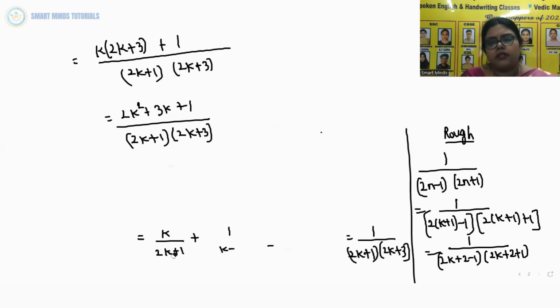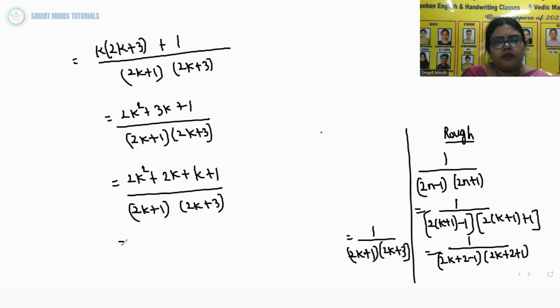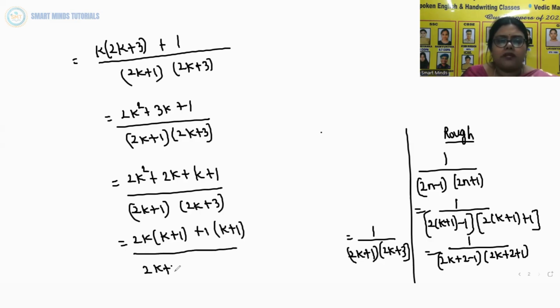So how do we split the middle term? 3k we can write as 2k + k, so (2k² + 2k + k + 1) / ((2k + 1)(2k + 3)). If we take 2k common, we get k + 1. And if we take 1 common, we get (k + 1) / ((2k + 1)(2k + 3)).